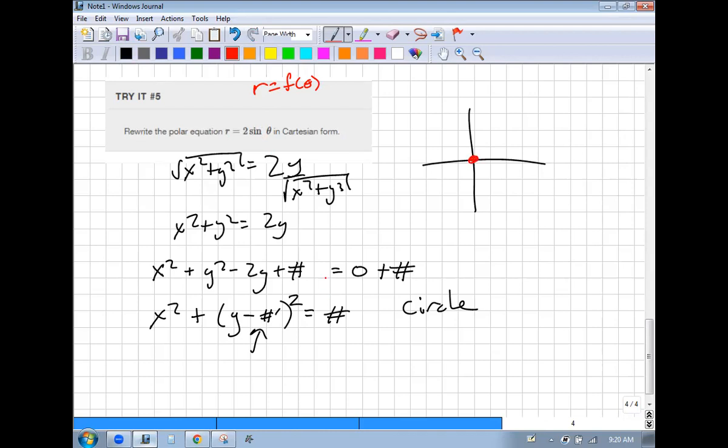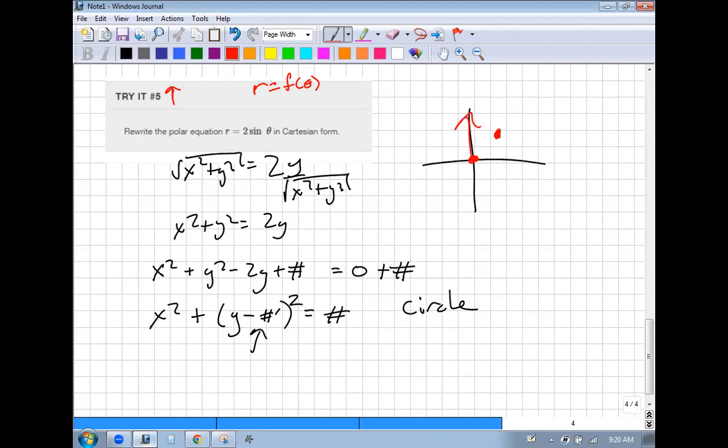Boom. When theta is pi over 4, we get root 2 over 2. Root 2 over 2 times 2 is root 2. So at an angle of pi over 4, we have to go a distance out of root 2. Now at pi over 2, that's when sine is 1, right? An angle going straight up, sine is 1.